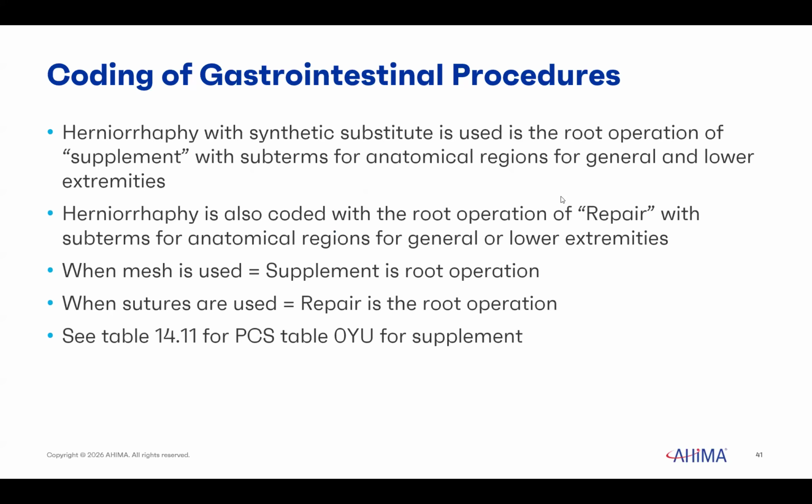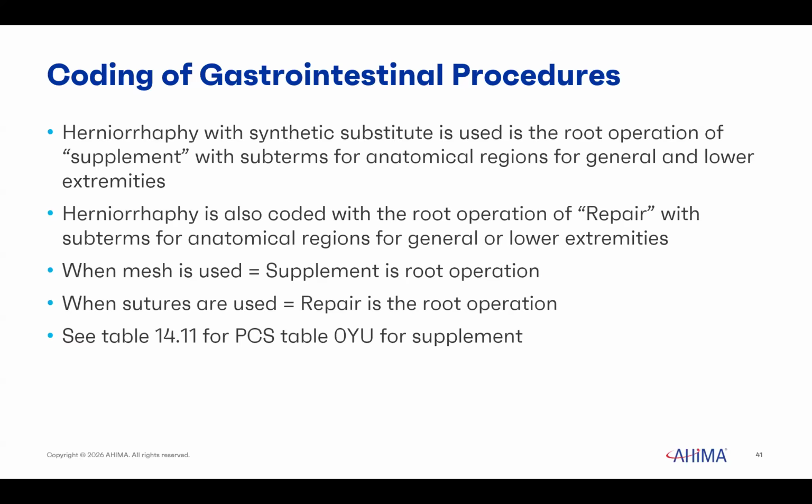Herniorrhaphy with a synthetic substitute is used as the root operation of supplement with subterms for the anatomical regions of the general and lower extremities. We could also code this with the root operation of repair with the subterms for the anatomical region for general and lower extremities. If we're using mesh, that's different than a repair.